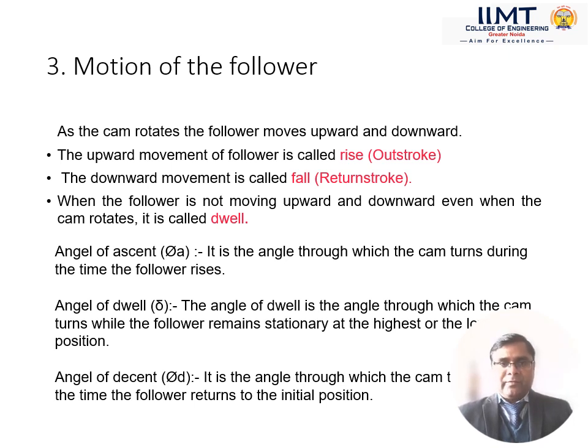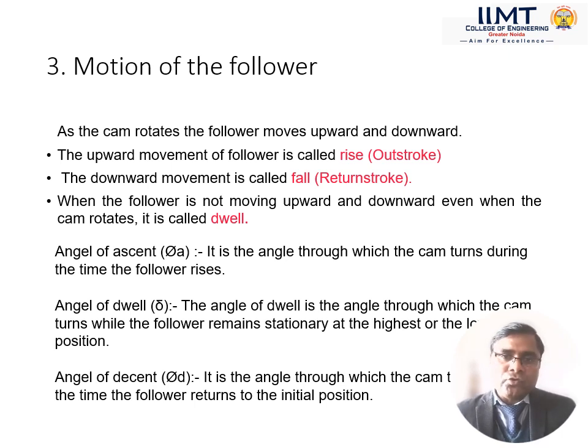Rise movement of the follower takes place due to the rising surface of the cam, and down movement of the follower takes place due to the downward profile of the cam, and dwell is the period in which the cam is rotating but the follower motion is constant.